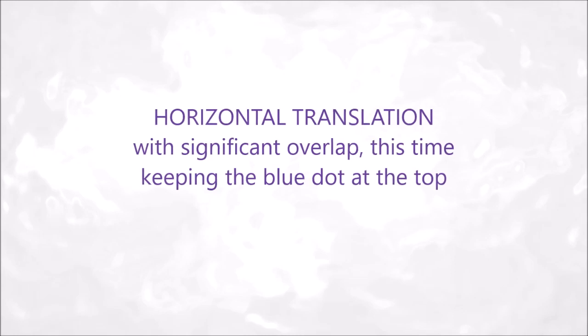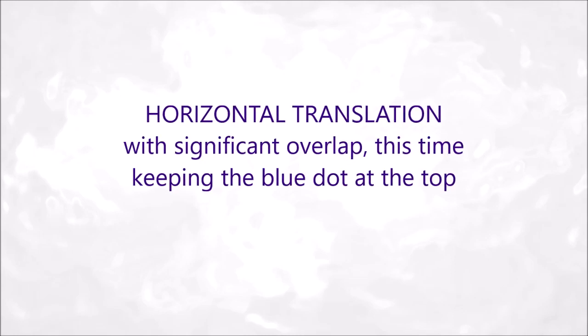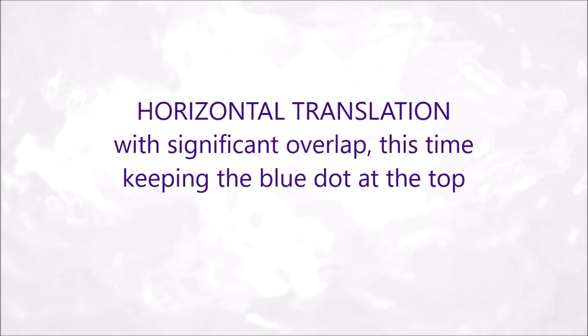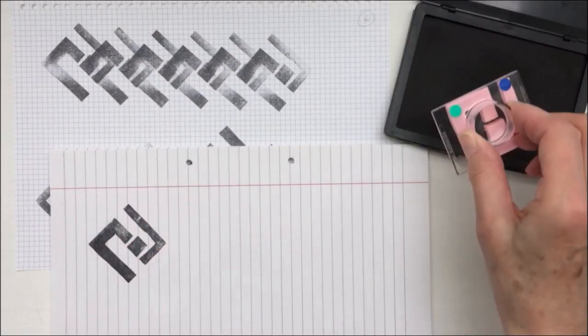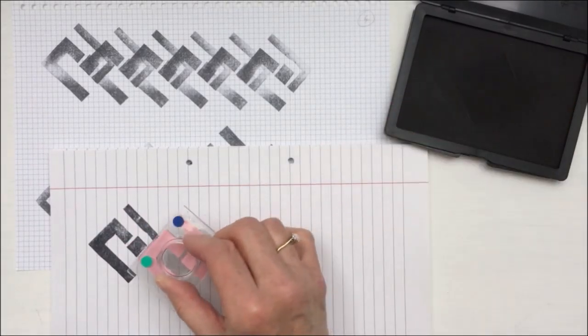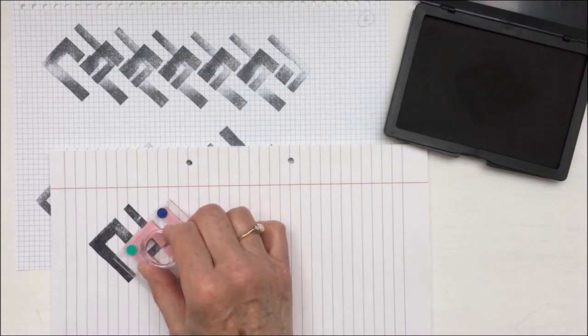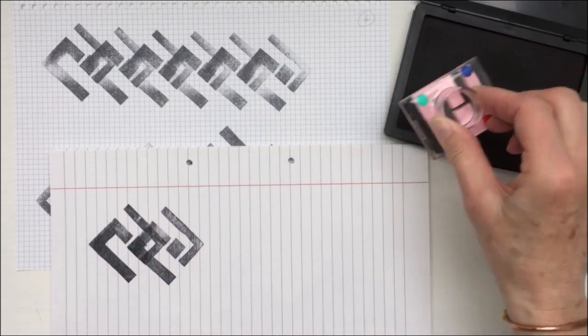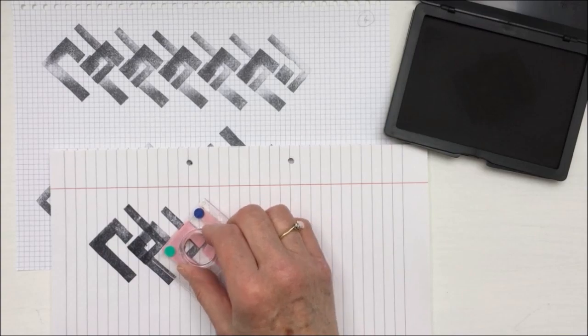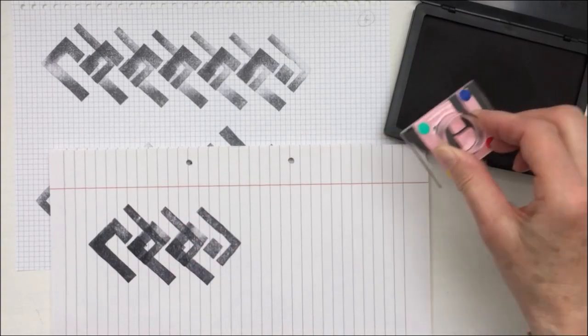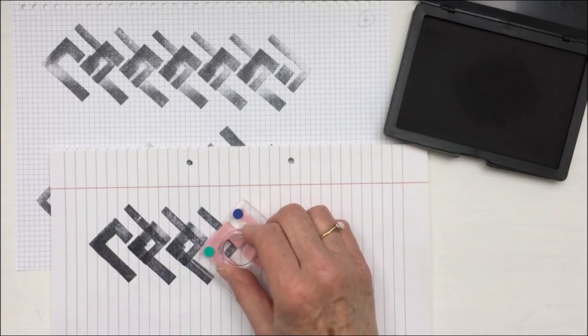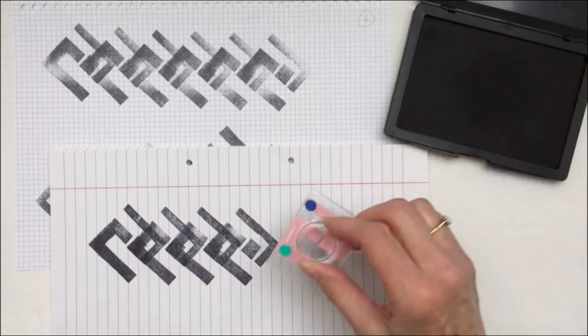Horizontal translation with significant overlap, but this time keeping the blue dot at the top. You'll see this is becoming quite a busy pattern, which wasn't something I was looking for at this time.